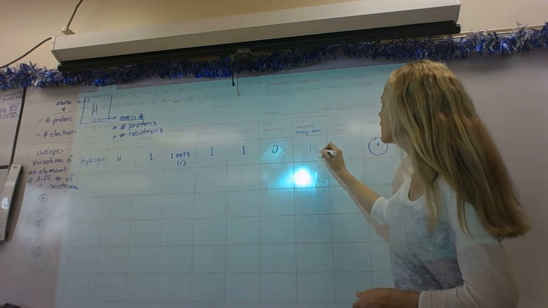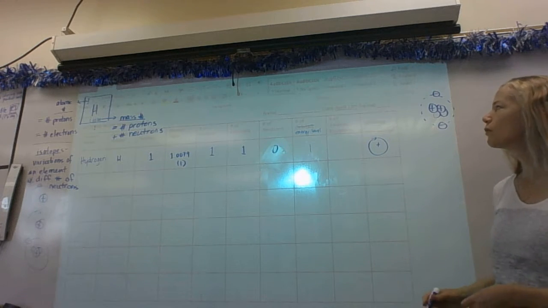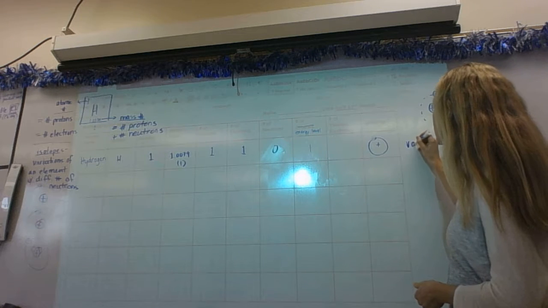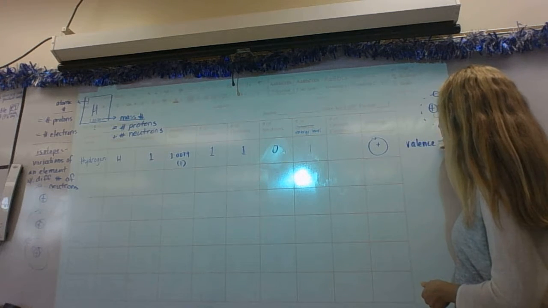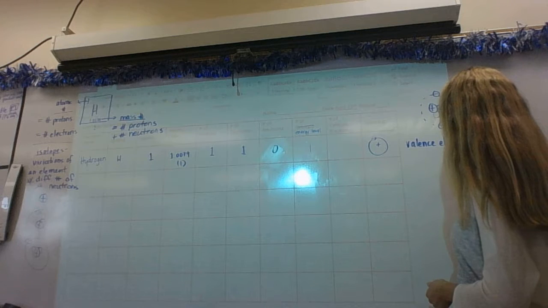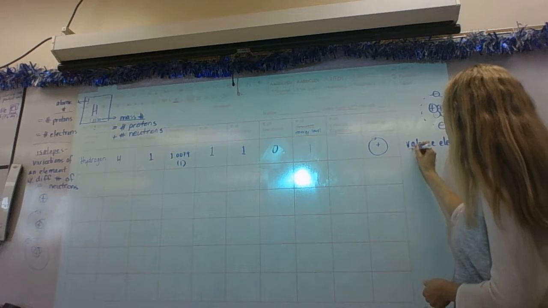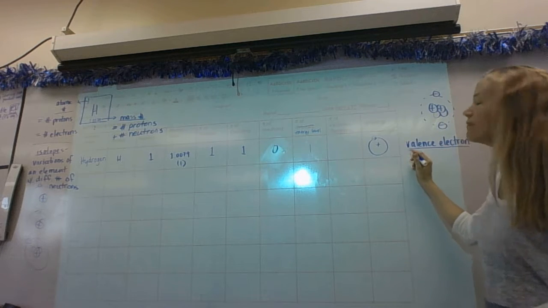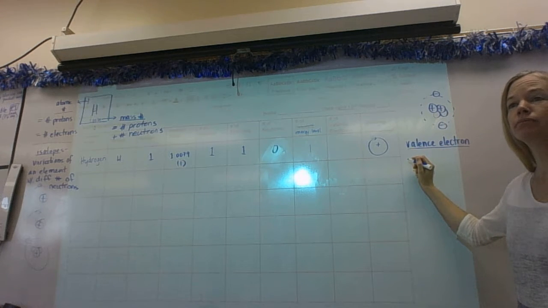There's 1, and how many valence electrons? Well, we don't know what a valence electron is. Maybe we should go over this, okay? A valence electron, you might remember if you did the notes and the presentation for homework last night in your pre-reading. But a valence electron, do you remember? Okay, one moment.